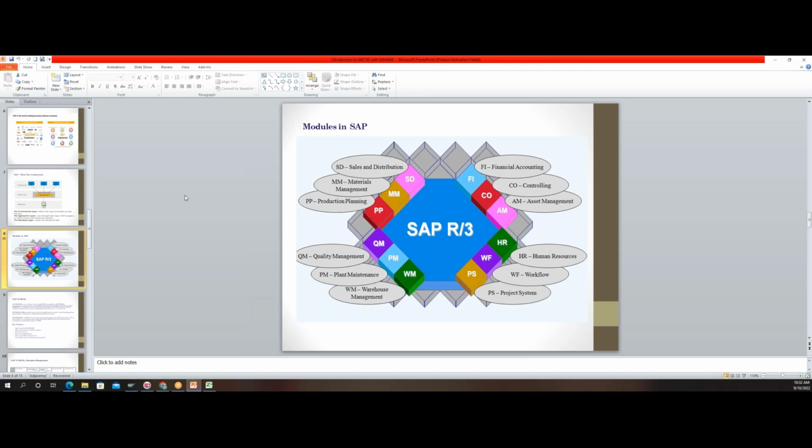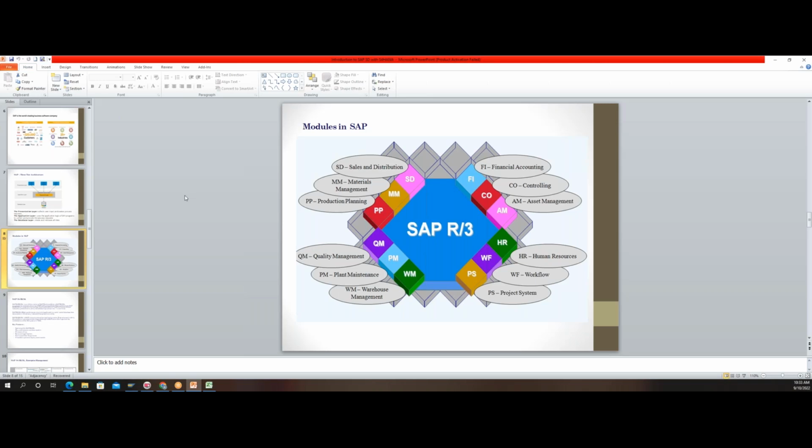Directly or indirectly, it means I should have all the modules related to the enterprise, all the department-related modules, and they should be well integrated and connected, so that data from each department can flow to the other department.